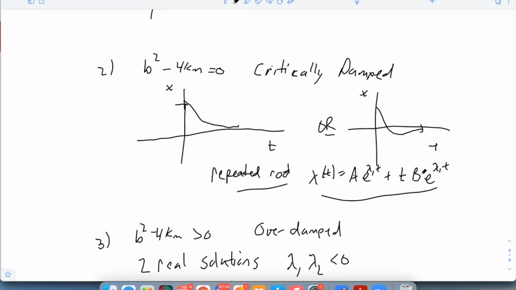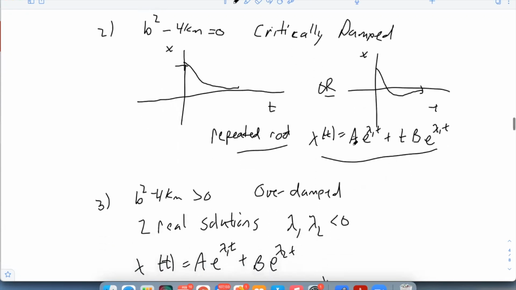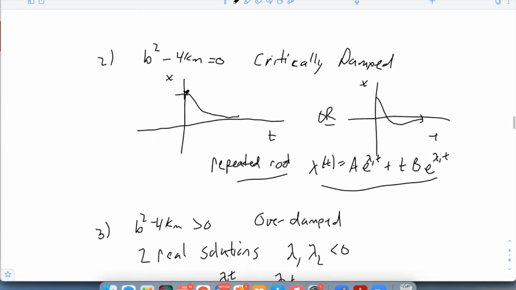Anytime you have a repeated root, for that second function, you got to tack on an extra t or x or whatever your variable is. So we'll get a solution that looks like this, and our spring will just slowly come to a stop. We call this critically damped.